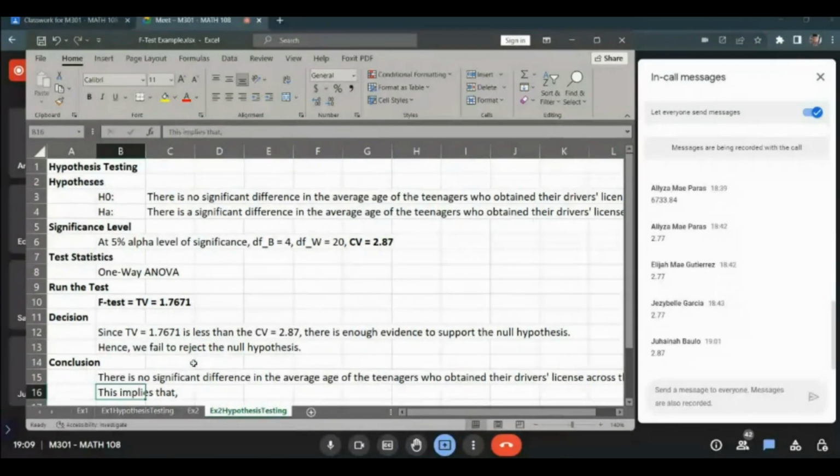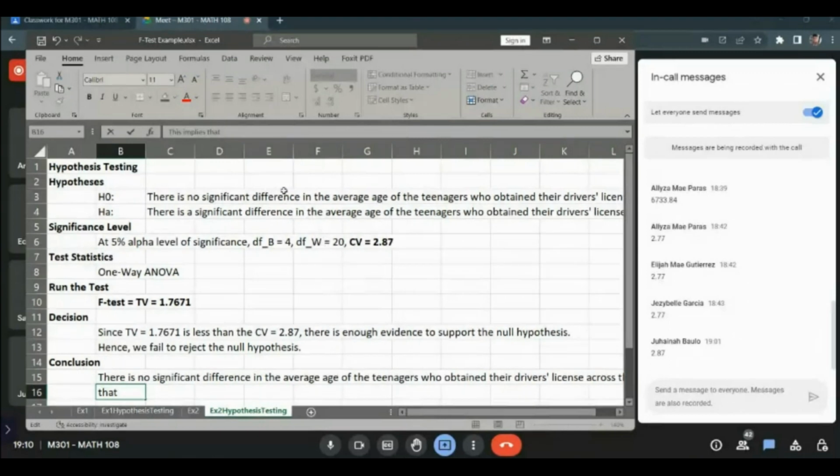So how can we put that into words? They can obtain approximately the same average age, wherever region they live in. Okay, I got your point.